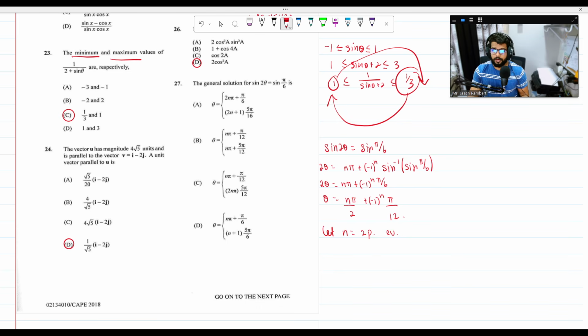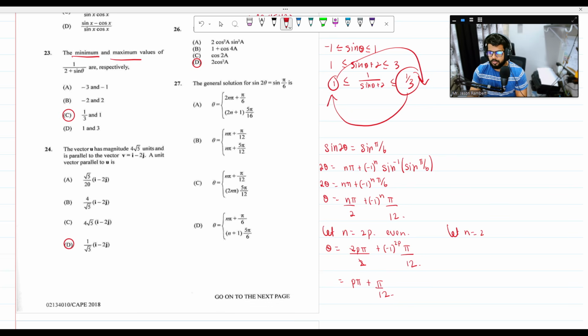This is for the even power. So I'm going to get theta is equal to 2p pi over 2 plus minus 1 to the power 2p pi on 12. Now minus 1 to an even power is going to give me positive 1. So the 2's cancel. I'm going to get p pi plus pi on 12.